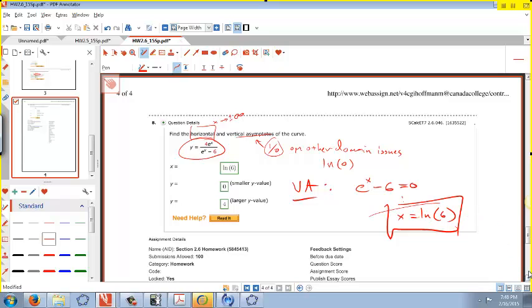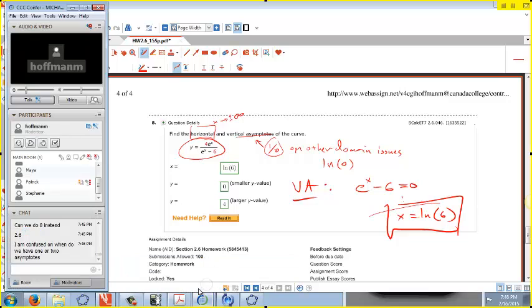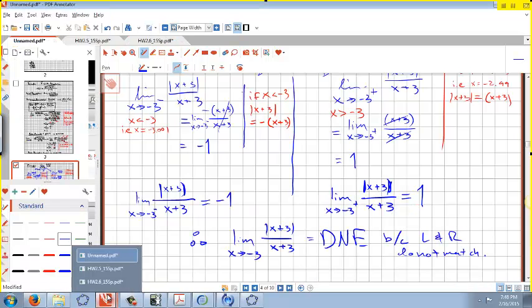Then for the horizontal asymptote, we're going to always look in the positive and negative directions when we go into infinity.